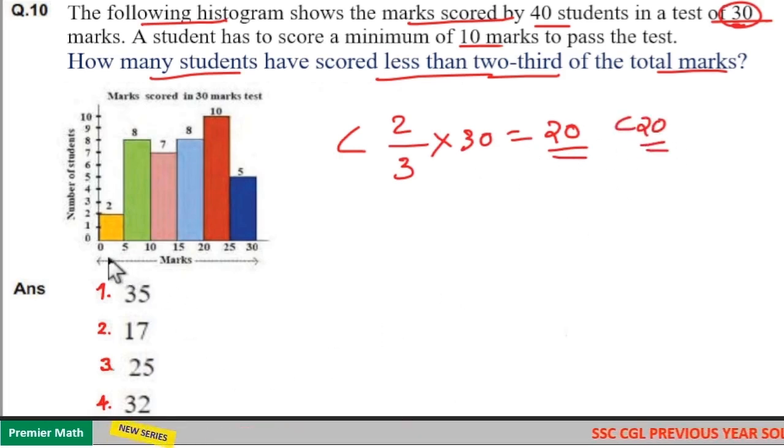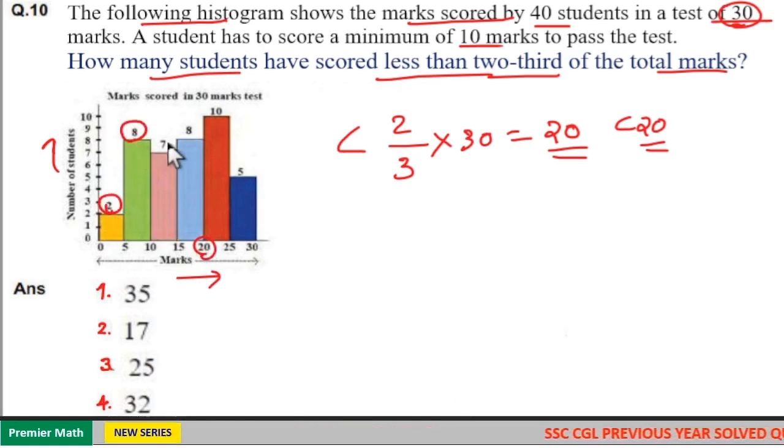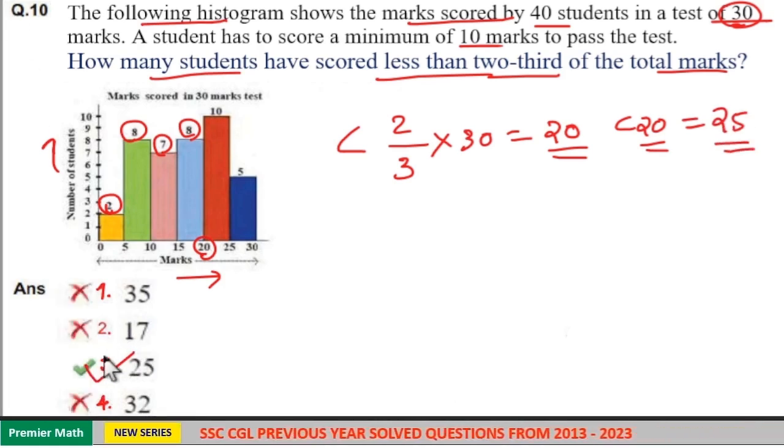Here if you look, the x-axis shows marks and the y-axis shows the number of students. Here less than 20 means this is 20. So less than 20 means 2 plus 8, 10, 10 plus 7, 17, 17 plus 8 is equal to 25. So option 3 is your answer. So less than 20 is 25 students.